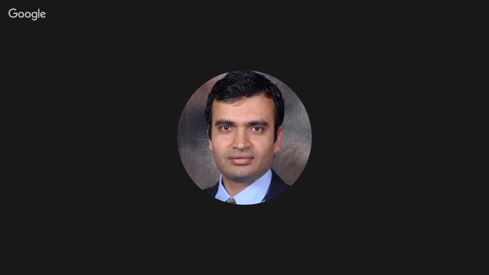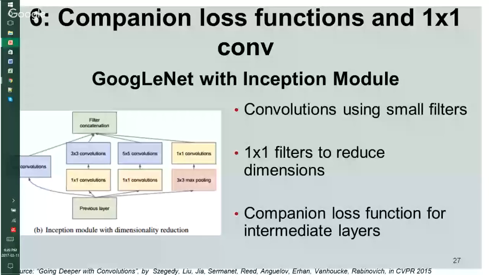Another set of innovations came from GoogleNet, where they also standardized the convolutional filter sizes. They used 3 by 3, 5 by 5 and 1 by 1 convolution layers. They had a couple of innovations in this architecture. One, they used small convolutions just like VGGNet, but they also brought in the idea of the 1 by 1 convolution filter. If you think about it, what does a 1 by 1 convolution even mean?